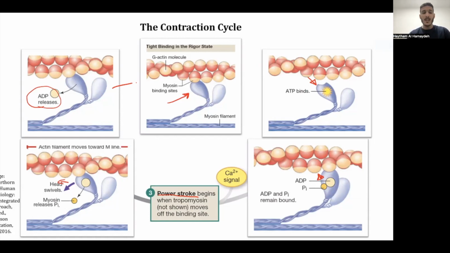Okay, so now to cause the power stroke, what happens is the Pi, or phosphate, is released. And so as soon as phosphate is released, the energy from this phosphate molecule is given to the myosin head to cause this power stroke. So now it moves from just being straight here towards the left, and so it becomes bent, right? So after it moved, what's bound to it is the ADP molecule.